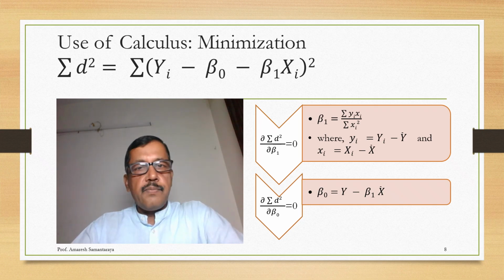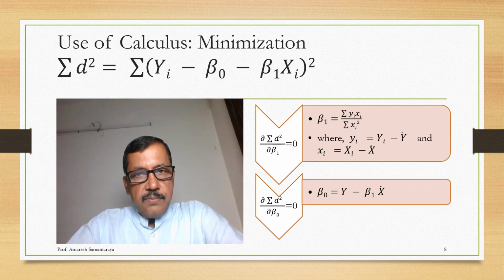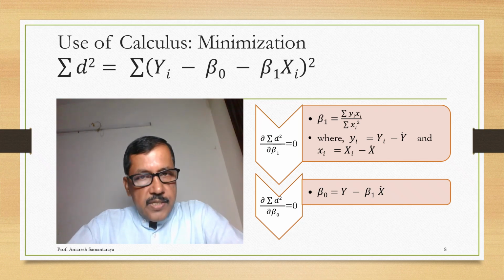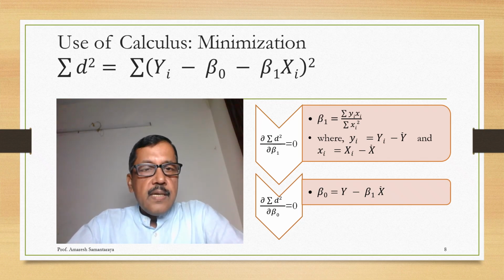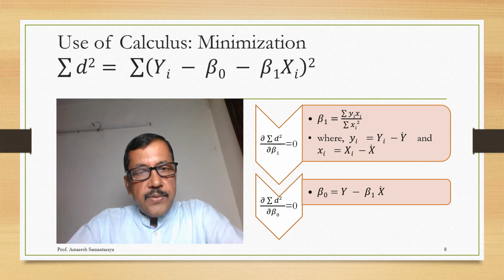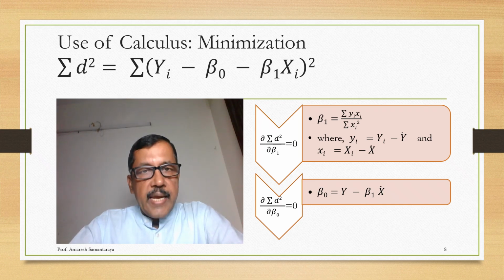So from calculus, we know the unconstrained optimization which we follow, the first order condition for minimization is that the sum of squares of d, when we take the partial derivative of that with respect to beta 1 as well as beta 2, those partial derivatives should be equal to 0. What I'm trying to tell you, we need not calculate the sum of squares for each line manually and try to compare.